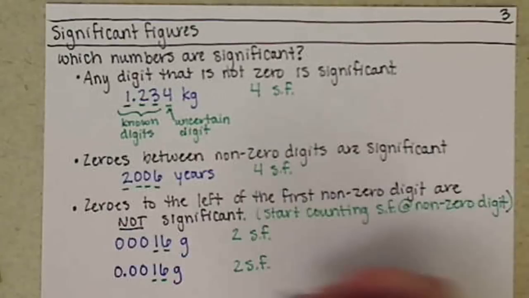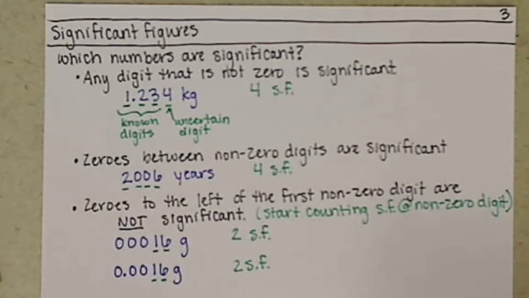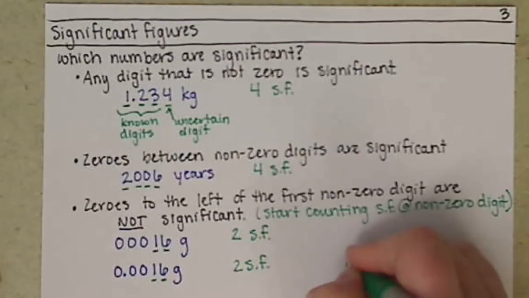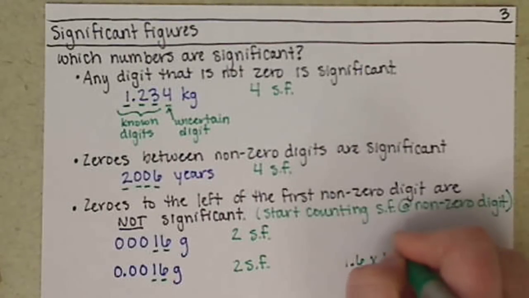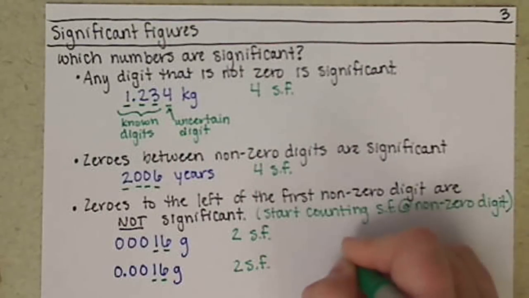The other way that I look at this is I write this number in scientific notation. I'm going to have to move my decimal over 1, 2, 3 times. So this would be 1.6 times 10 to the negative 3 grams.